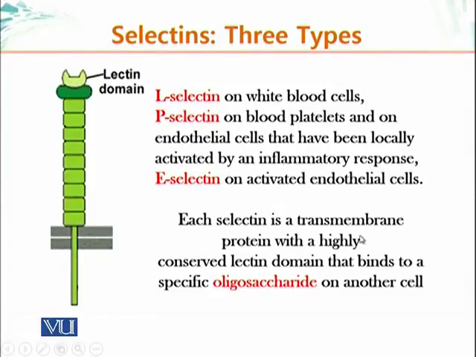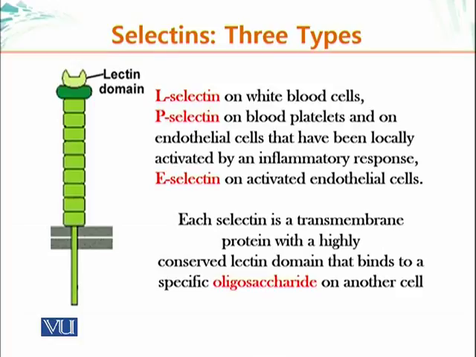This temporary mediation or slowing down of white blood cells is dependent upon the selectins. The L-selectins are present on white blood cells, P-selectins are present on blood platelets and also on endothelial cells that have not been locally activated yet by an inflammatory response.